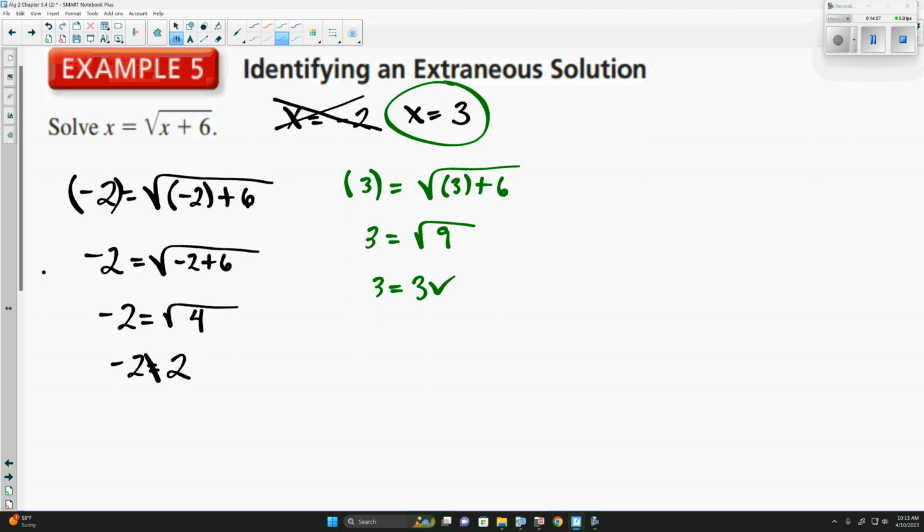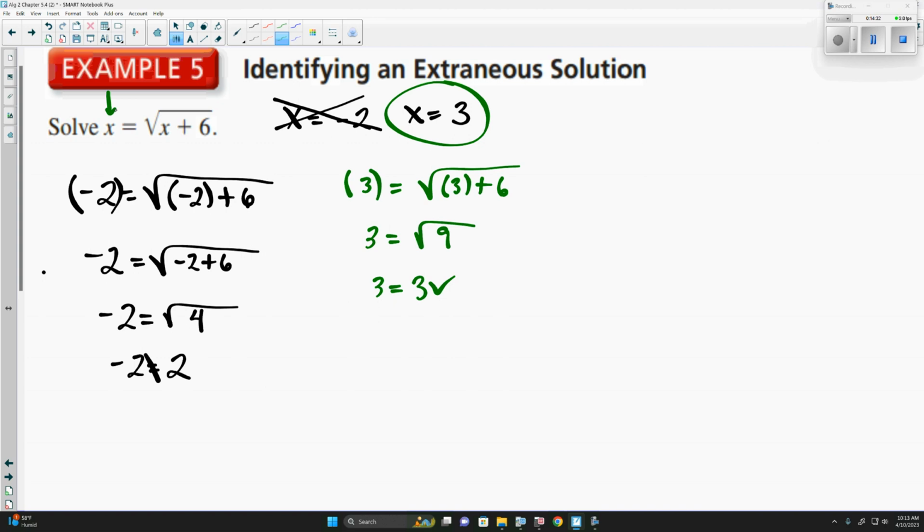Now, most of these here with solving radical equations, if we have a variable outside the radical, like we started out at the beginning, there's a good chance, a high likelihood that we will have an extraneous solution. All the ones we did on Thursday did not have an extraneous solution, but none of them had a variable outside the radical. And the reason that we get these extraneous solutions is because our first step is squaring both sides.